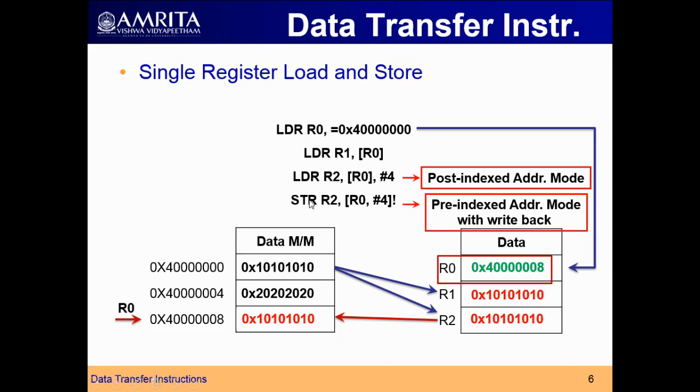So for load and store, you can perform pre-indexed addressing mode or post-index addressing mode. Both can be performed irrespective of which instruction you are using. For both load and store, pre-indexing as well as post-indexing can be performed. The only difference is in the instruction or what operation you are performing.